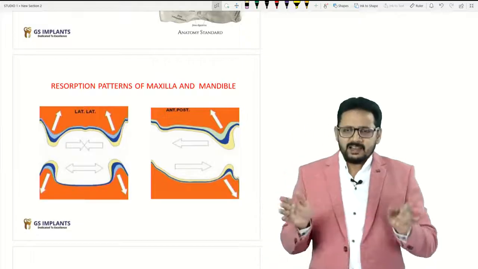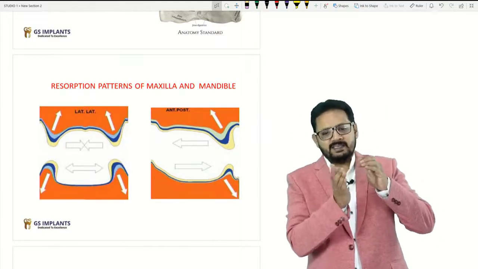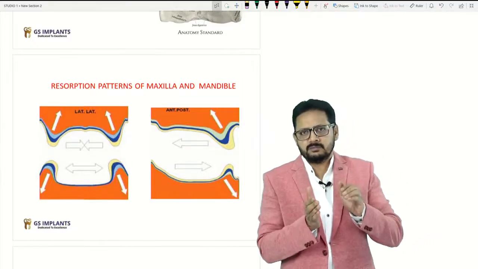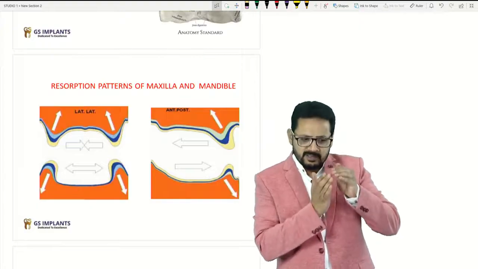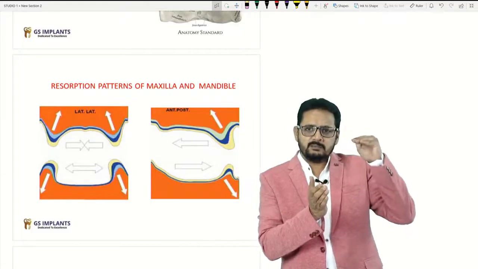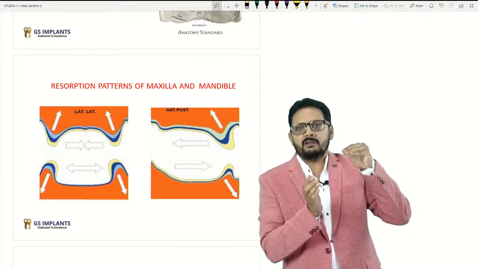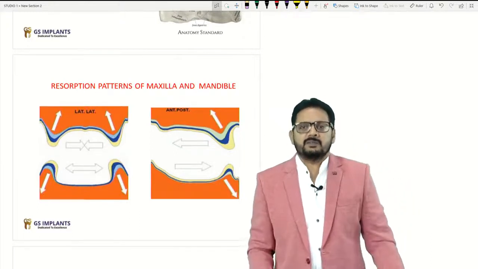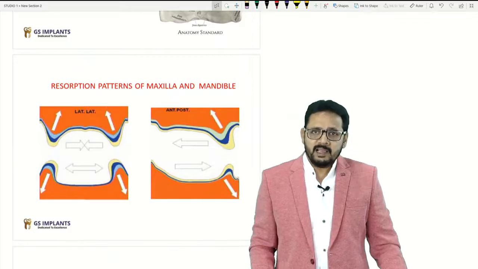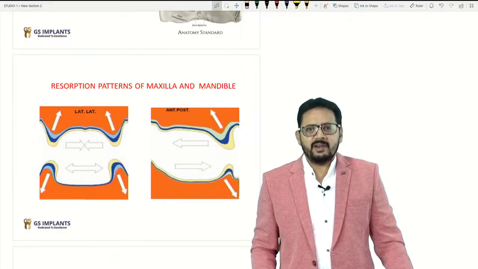You cannot just rely on looking at the patient and say that it is a class 3. No. Because of the resorption pattern, the maxilla goes upward and backwards, and the mandible downwards and forwards. So it will give a pseudo-class 3 occlusion. So be careful when you are taking the clinical history. It is of very great importance.